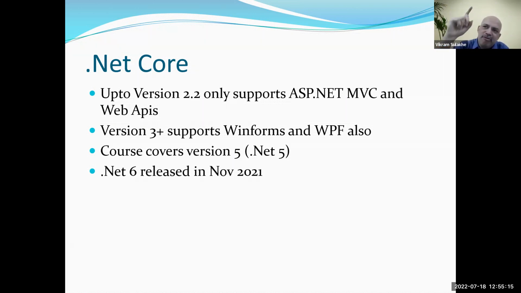Because there is going to be only one .NET 5, which is .NET Core 5. So they have dropped the word core from .NET 5 onwards. So .NET 5, and then now, of course, released about 7-8 months back, .NET 6. Both of these are .NET Core actually, but they're not using the word core.